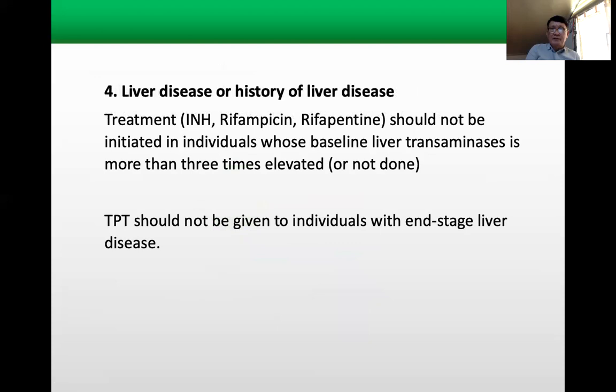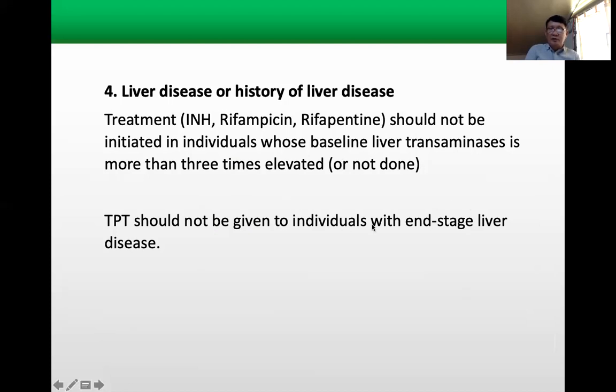Liver disease or history of liver disease. Treatment with isoniazid, rifampicin, or rifapentine should not be initiated in individuals whose baseline liver transaminases are more than 3 times elevated or not done. For those who have liver disease or a history of liver disease with baseline SGPT 3 times higher or not done, we cannot initiate TPT.